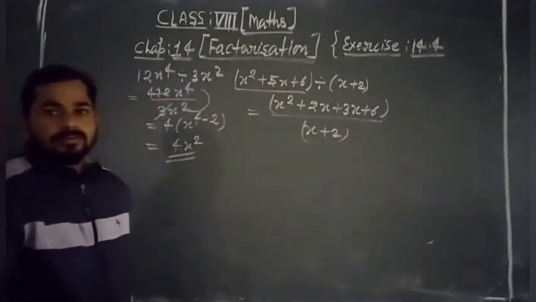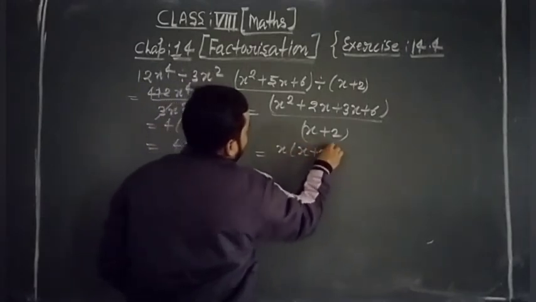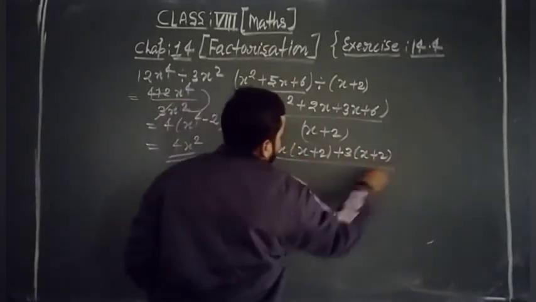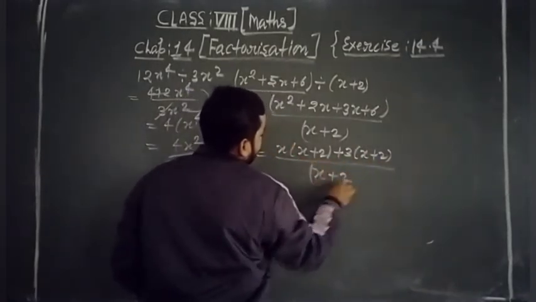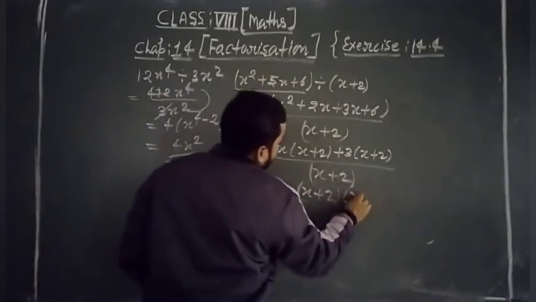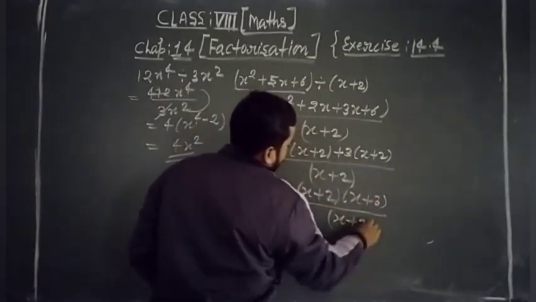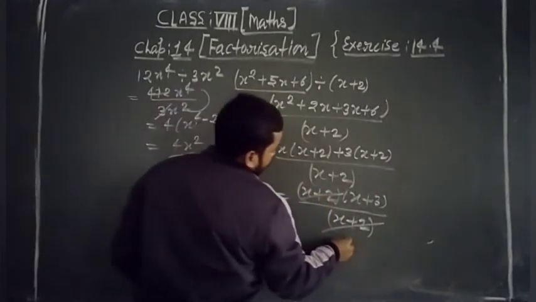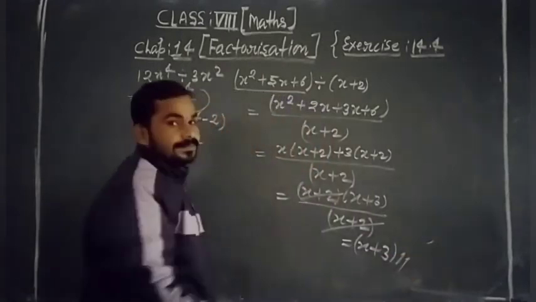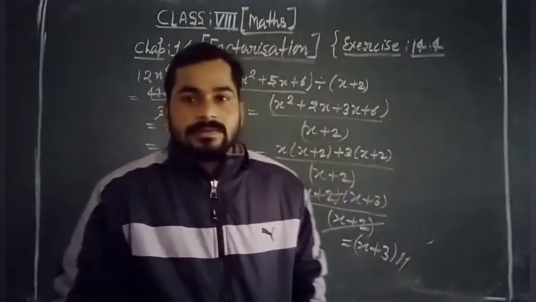Taking common, x is common, so x plus 2, and 3 is common, x plus 2, whole upon x plus 2. Then x plus 2 is common, x plus 2 times x plus 3, divided by x plus 2. Then this value divided by this, we have x plus 3 as a quotient. So this time we have to divide a monomial and a binomial.